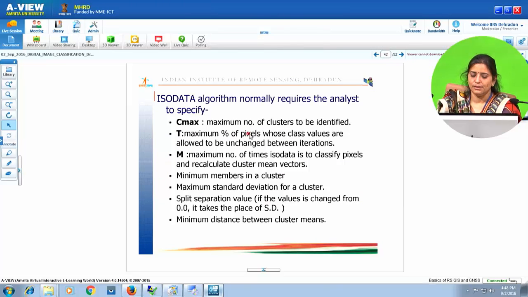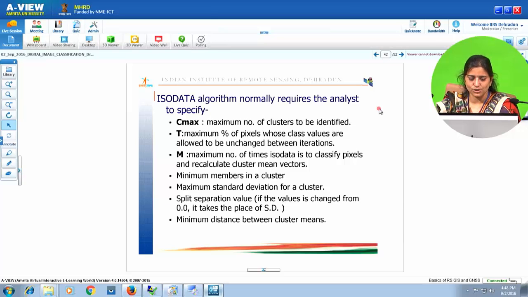These are the parameters that are required for the ISODATA algorithm. These parameters are C maximum, which is the maximum number of clusters to be identified; capital T, which is the maximum percentage of pixels whose data file values are allowed to be unchanged between iterations; and capital M, the maximum number of times ISODATA is to classify the pixels and recalculate cluster mean vectors.